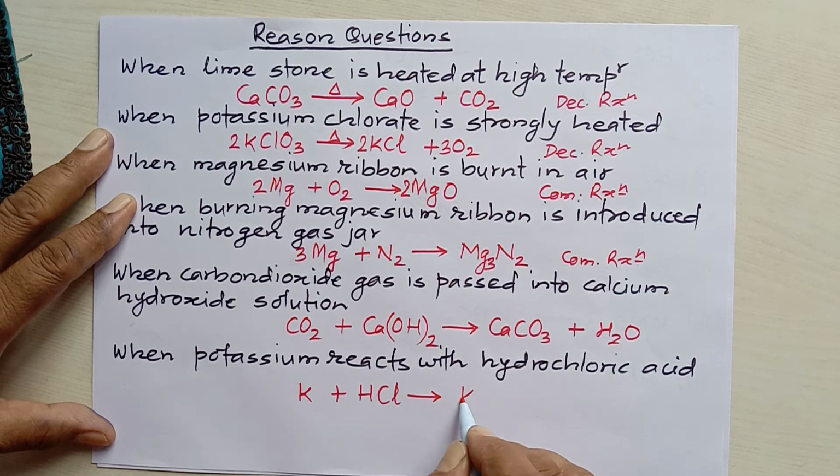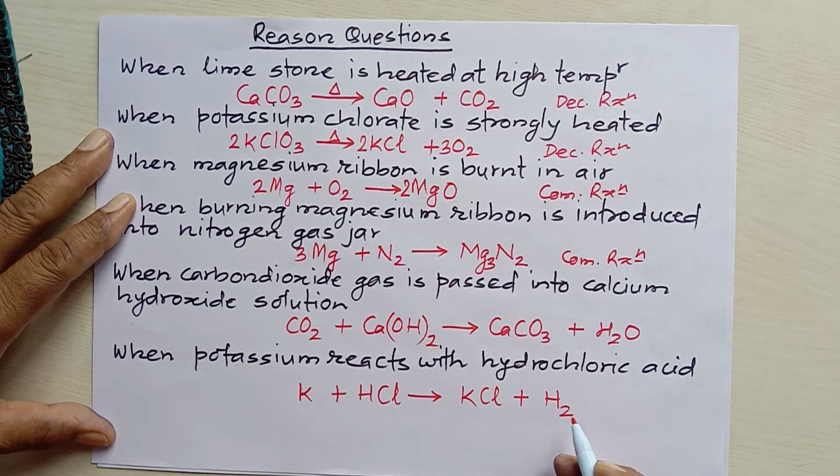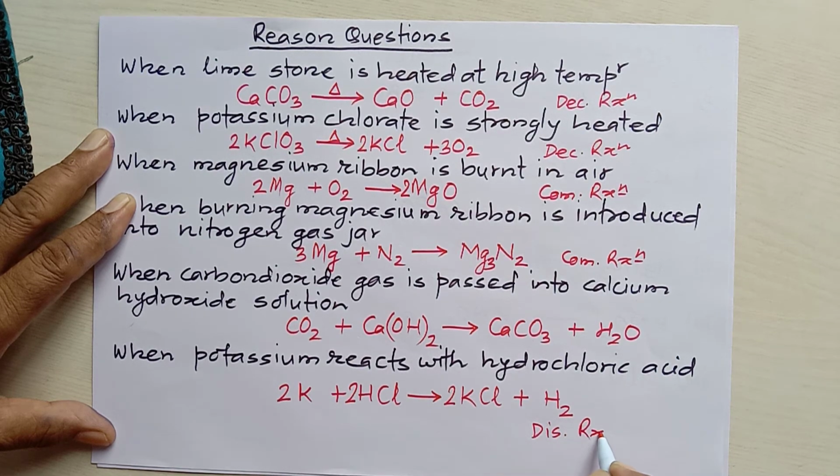That's why potassium chloride, valency 1 1, equal valency no exchange, and the displaced hydrogen becomes free, and hydrogen is diatomic. That's why we have to write H2. Now H2, here only one H, that's why we have to write here 2. Hydrogen balanced, chlorine 1, chlorine 2, that's why we have to take here 2, and then potassium also 2. This is a single displacement reaction. We can say displacement reaction.